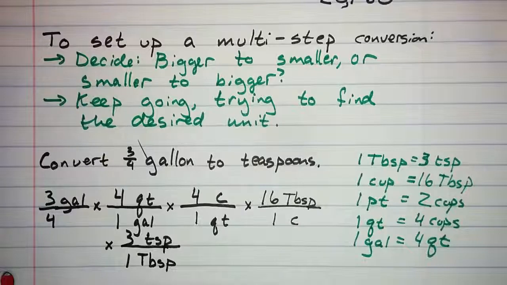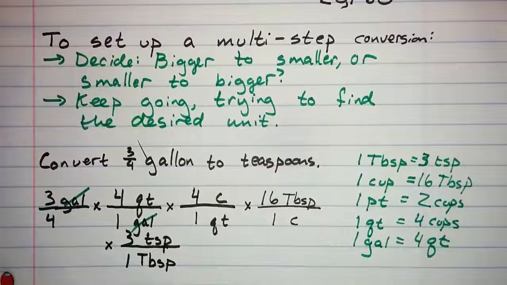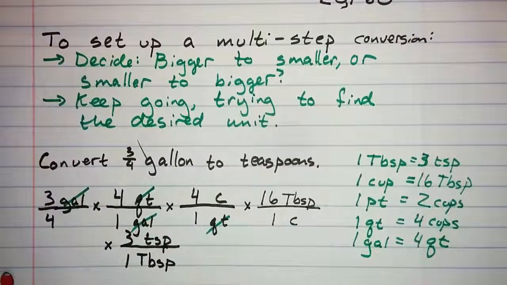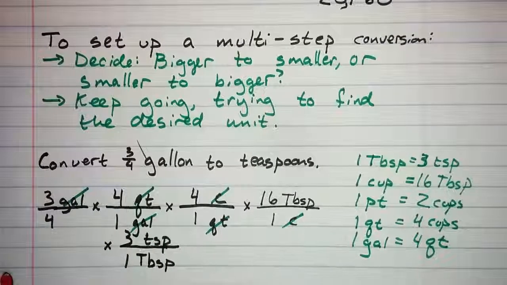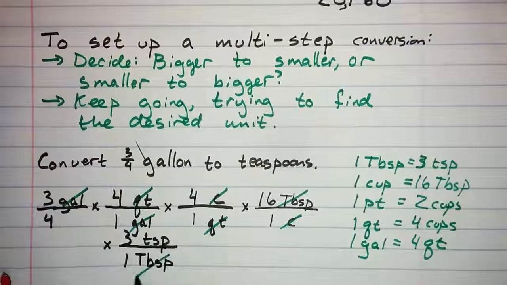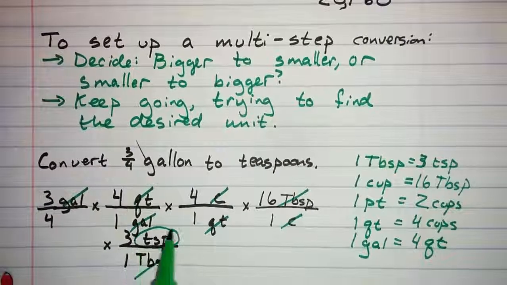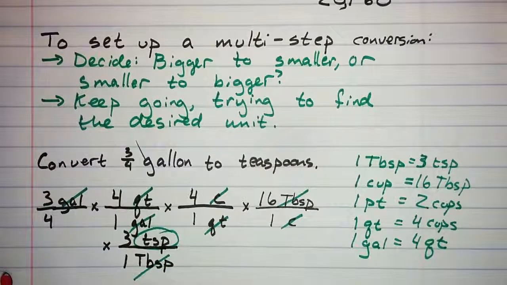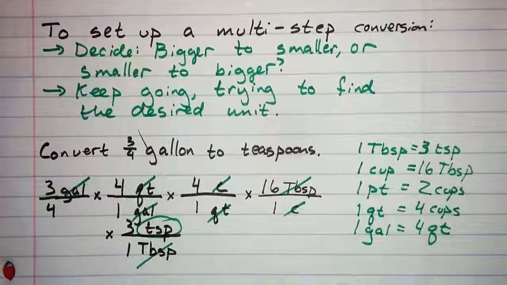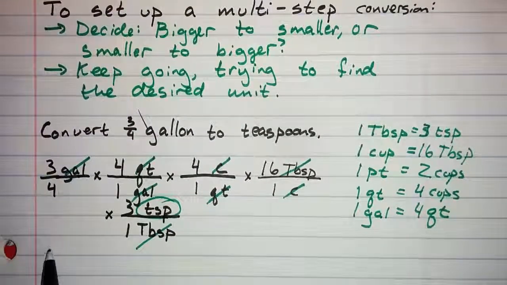Okay, let's make sure all of this works out. Gallons cancel. Quarts cancel. Cups cancel. Tablespoons cancel. I'm left with teaspoons. Hooray, that was what I wanted. So let's see how these numbers work out.